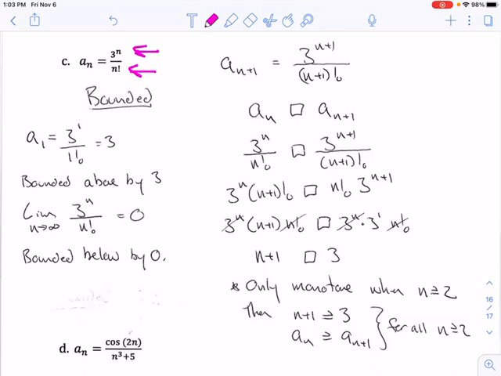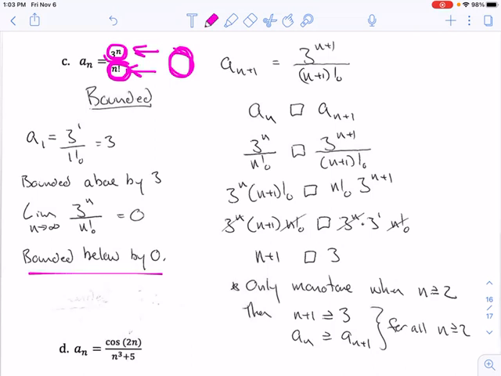So as n gets larger and larger, I know intuitively that this thing is going to approach 0 because the denominator is going to get larger faster than the numerator, just like I discussed in the past video. If the denominator is getting larger faster than the numerator, the whole fraction is approaching 0. So it is bounded below by 0.